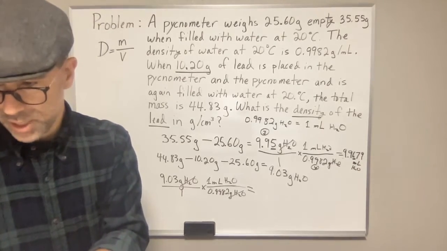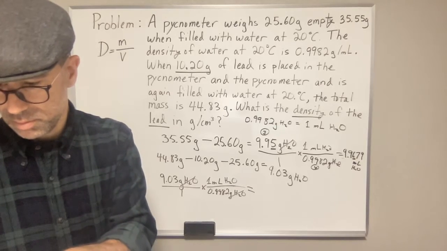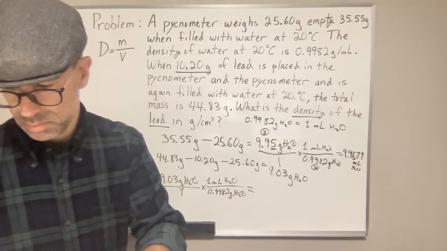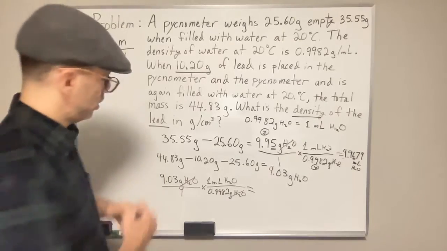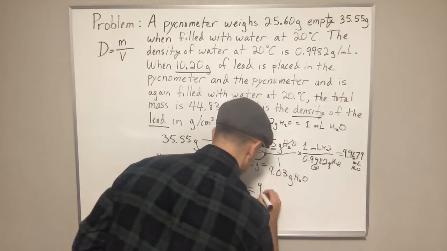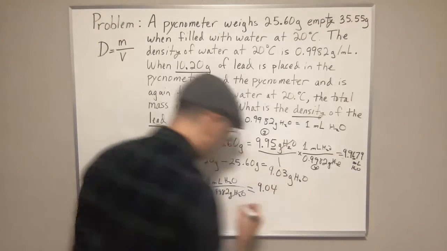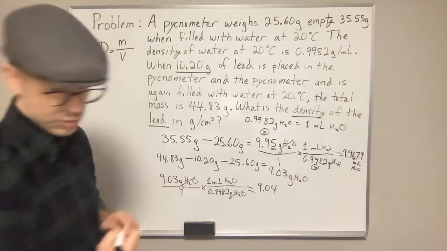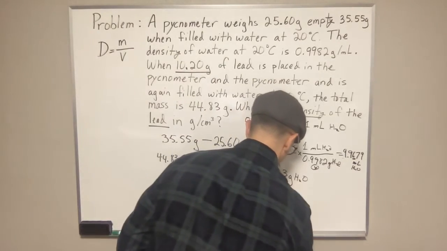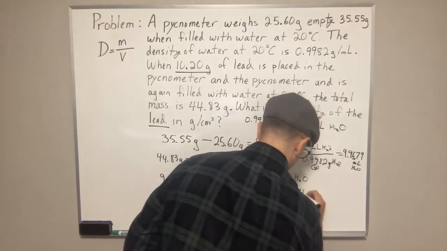I want to just double check. Yeah, 9.04. I got a few more digits: 9.046.2. Okay, so that's milliliters of water.